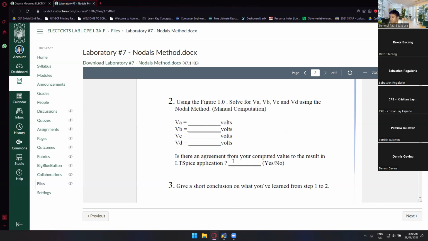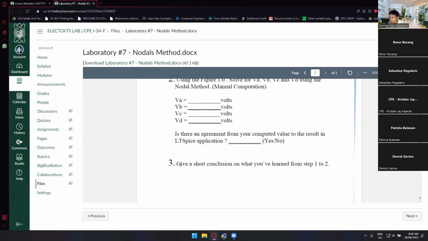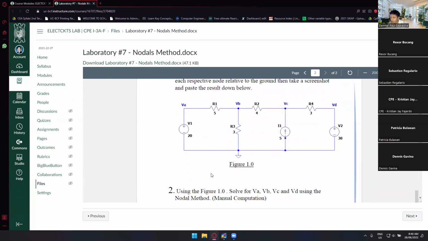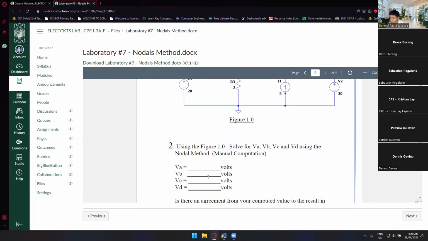So VA to VB, and then whether there is an agreement between your calculated and your measured value, yes or no. And then just a conclusion from whatever you have realized or learned from step 1 to step 2.